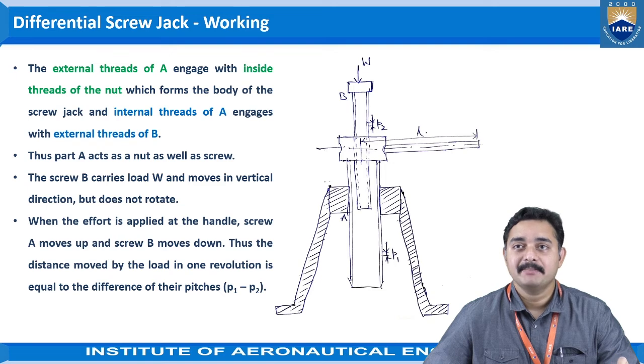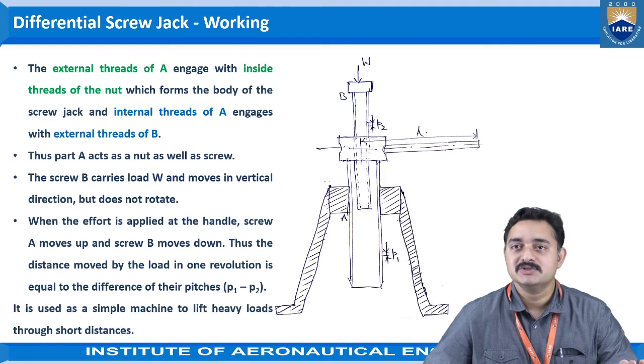When the effort is applied at the handle, screw A moves up and screw B moves down. Thus, the distance moved by the load in one revolution is equal to the difference of their pitches, which is P1 and P2. It is used as a simple machine to lift very heavy loads through short distances.